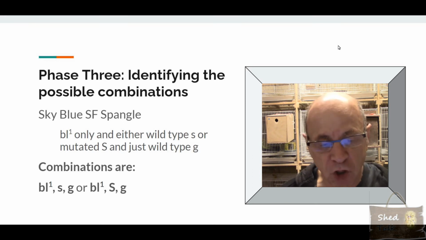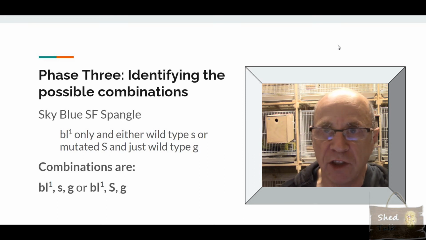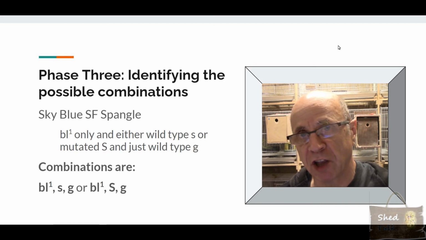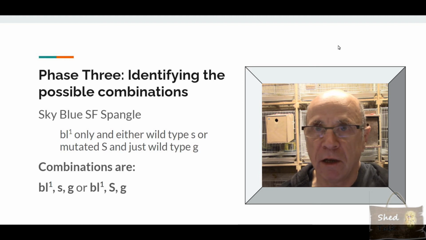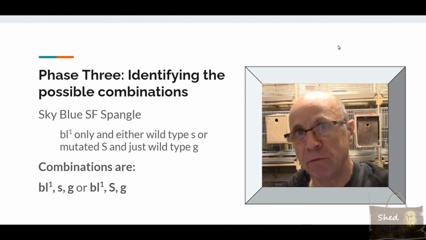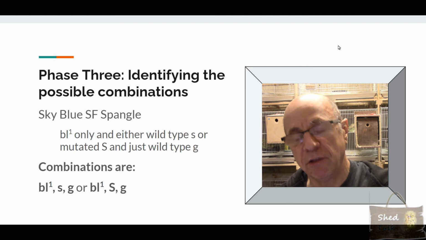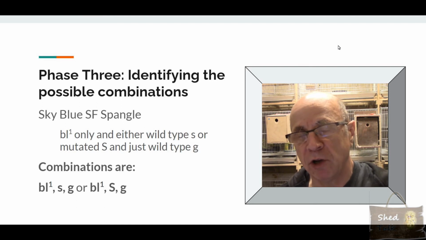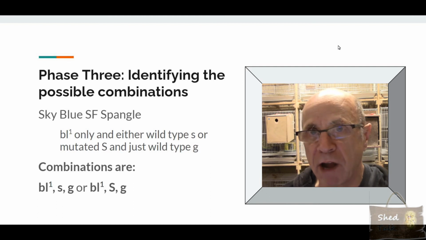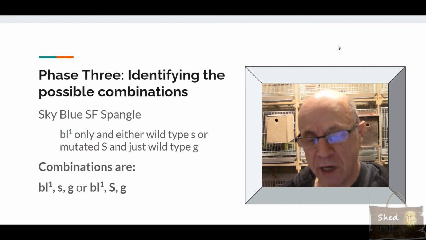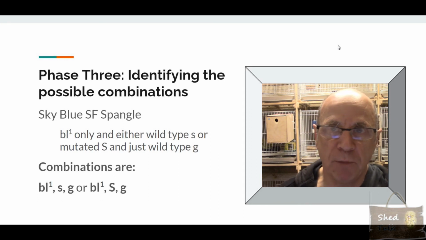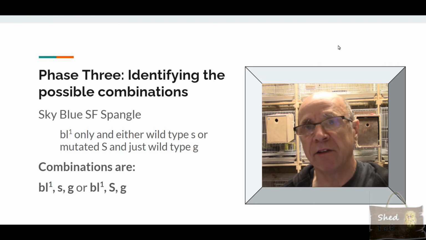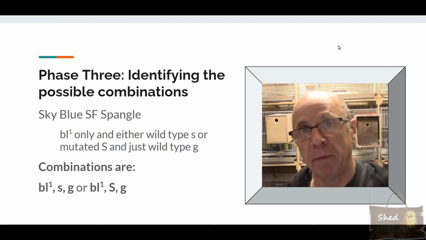So in effect, the possible combinations for the blue single factor spangle are the mutated blue gene, the non-mutated wild type spangle, and the non-mutated grey allele, or he can pass on the mutated blue allele, the mutated spangle allele, and the non-mutated grey allele.